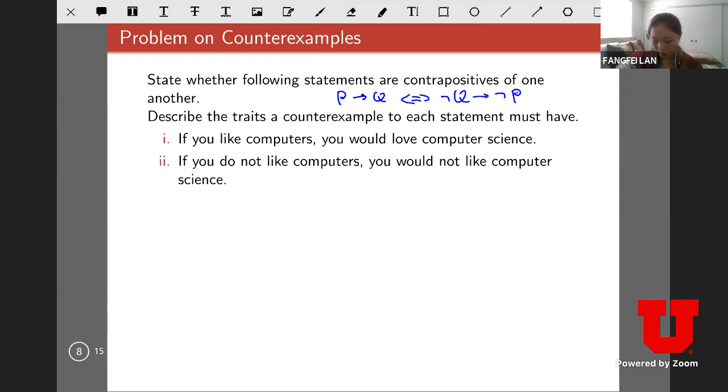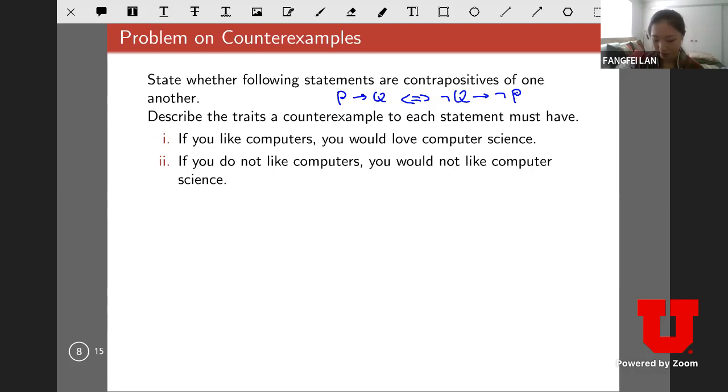All right, so let's look at the two statements. If you like computers, you would love computer science. And the second statement is, if you do not like computers, you would not like computer science. Is this the contrapositive? True, not true? There are people typing in the chat saying no, not true. So what is this though?